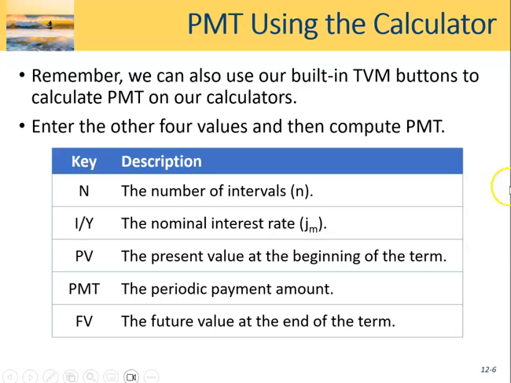As you know, we have N, the total number of intervals. The IY is the interest rate. You know your present value. PMT is your periodic payment amount, and we know the future value at the end of the term.